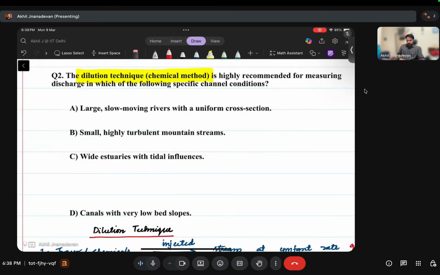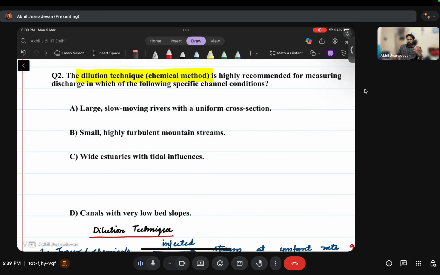It is highly recommended for measuring discharge in the following specified channel conditions. As you already know, this is an indirect method, so it won't be that accurate compared to directly measuring the stage and cross section, finding the velocity and applying the continuity equation.